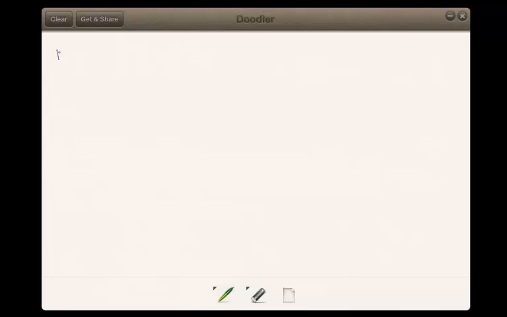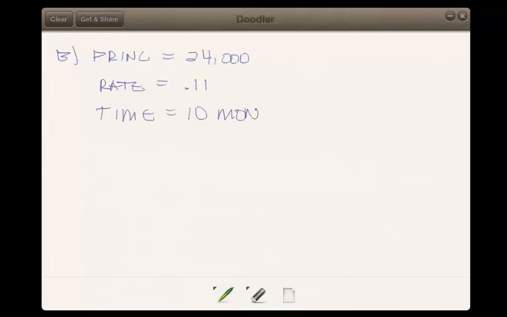Okay, so for part B, we have the principal is equal to $24,000. The rate is equal to 11%, which I'm going to write as 0.11, and the time is 10 months. Now we have to convert 10 months into years.